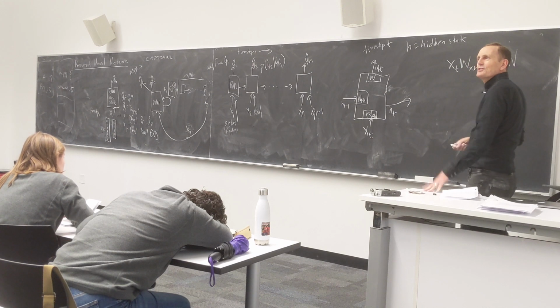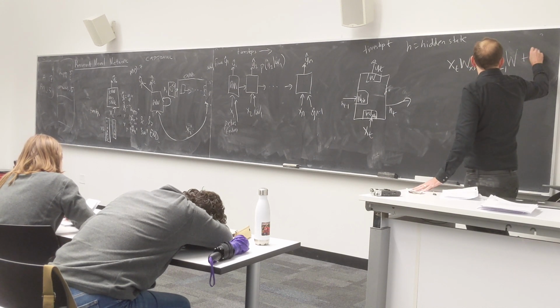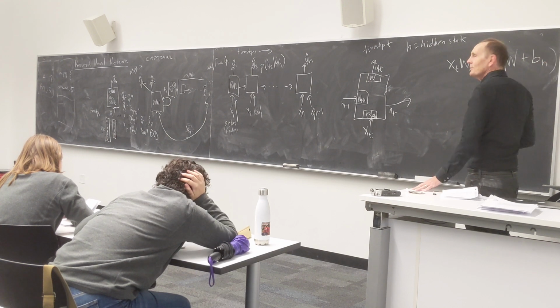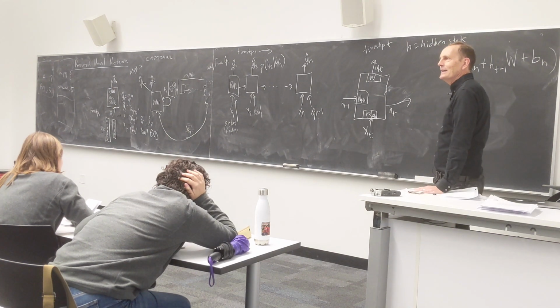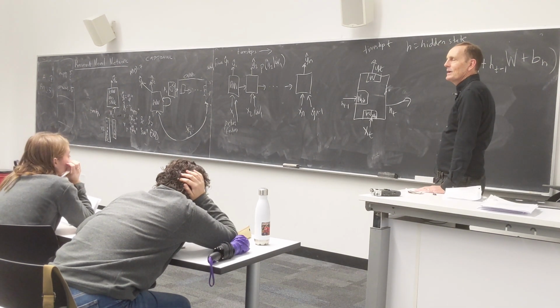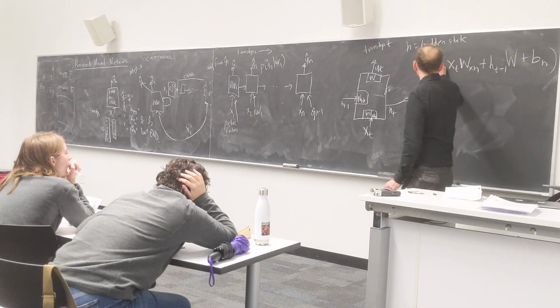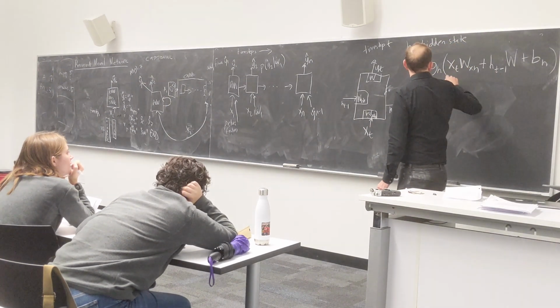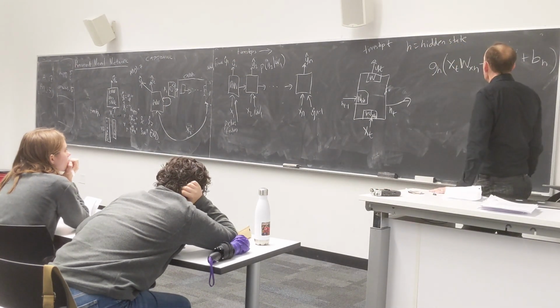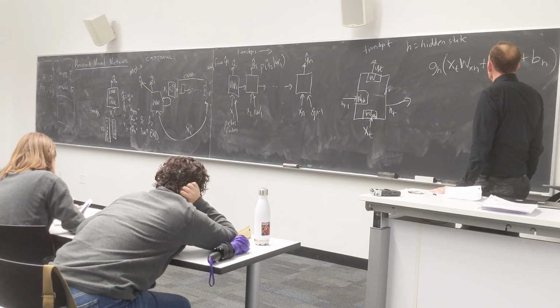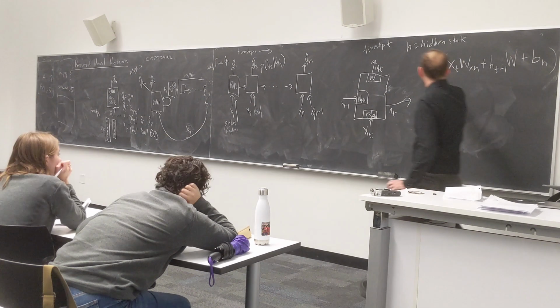Whenever we multiply by weight matrices, we always add a bias. I'll just throw in a bias here for H. What else do we normally do after matrix multiplications to try and add some nonlinearity? Yeah, we apply some activation function G sub H. And what does this equal?